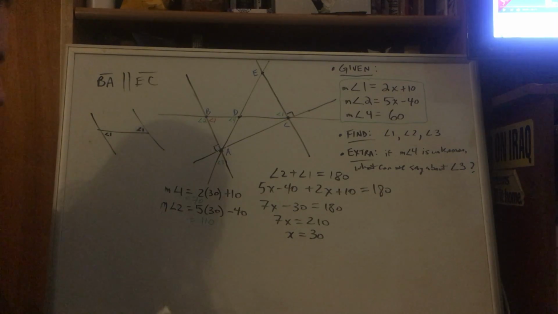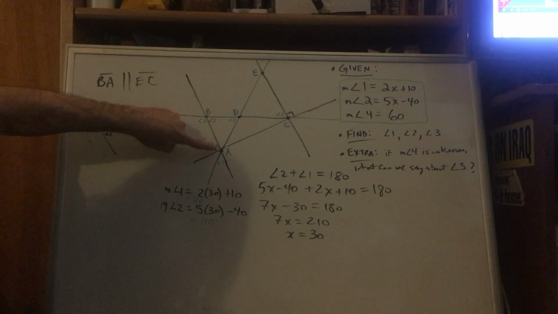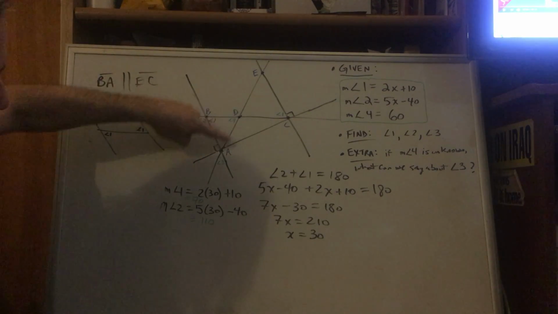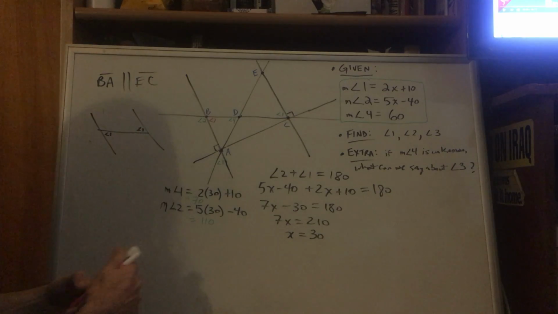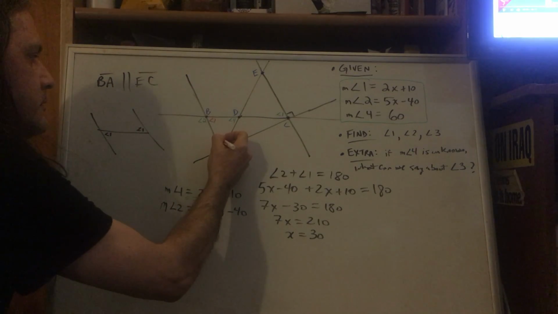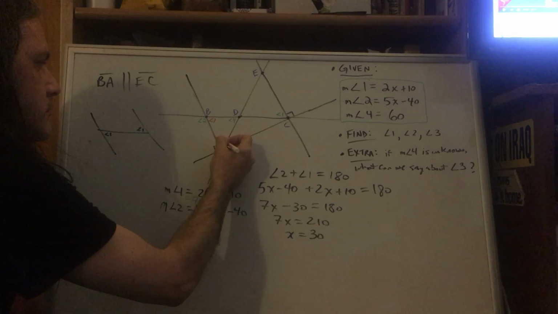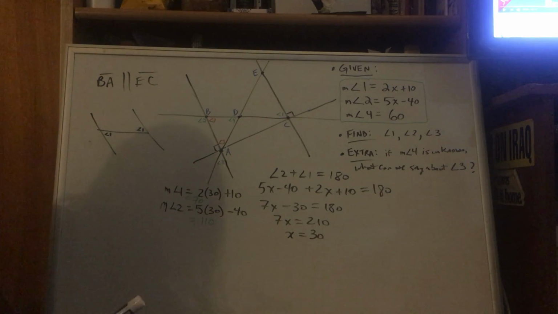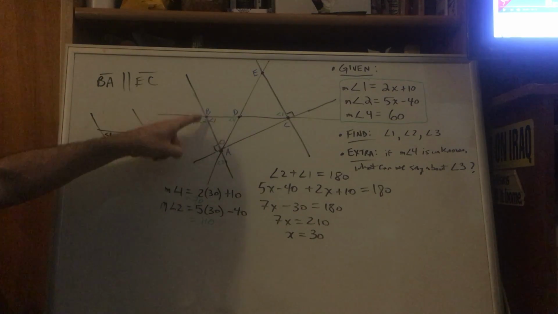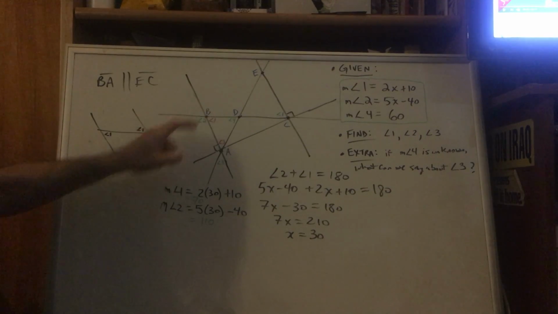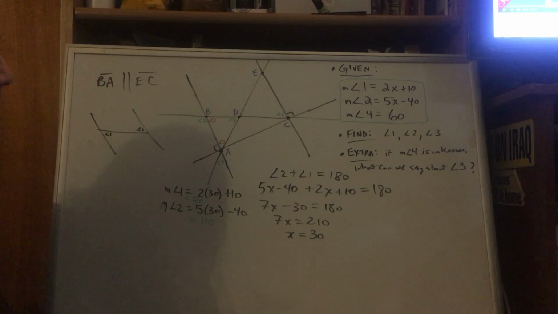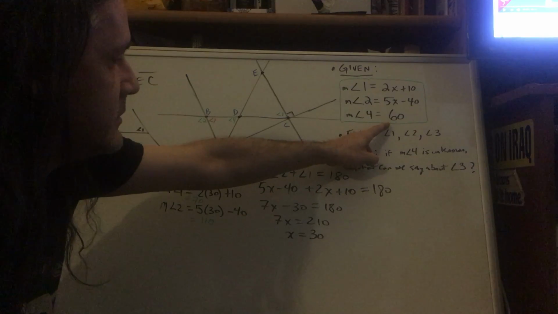What about angle 3? Well, angle 3 is vertical to that lower angle in this triangle BDA. So we know this is angle 3. And now once again we've got the sum of the interior angles in the triangle, which would be 180. We already know angle 4 is 60.